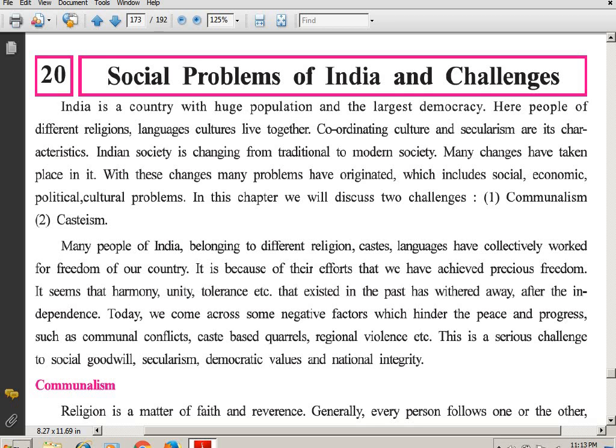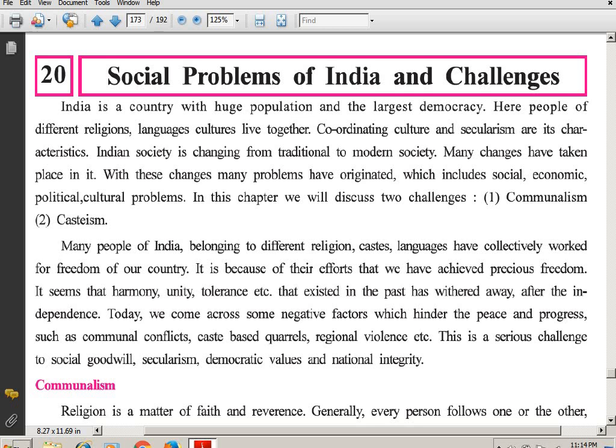Many changes have taken place in it. With these changes, many problems have originated, which include social, economic, political, cultural problems. In this chapter, we will discuss two challenges, just as before, as I told you, communalism and casteism.